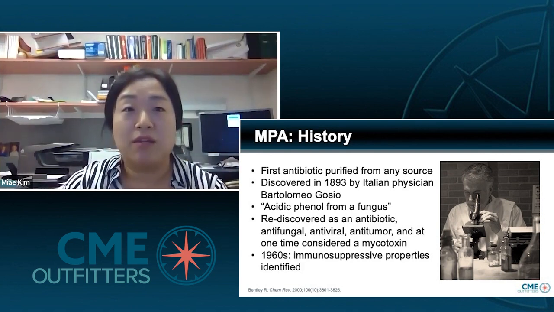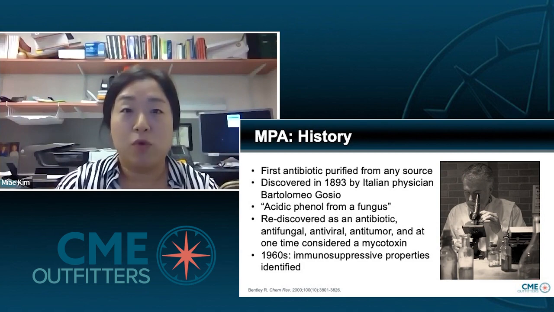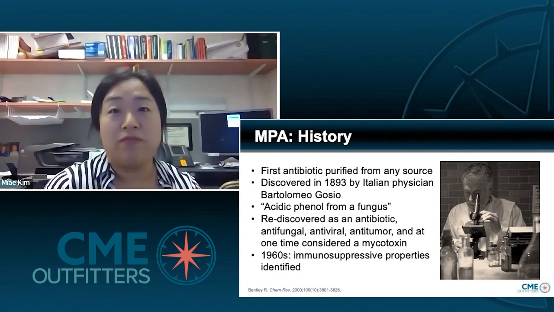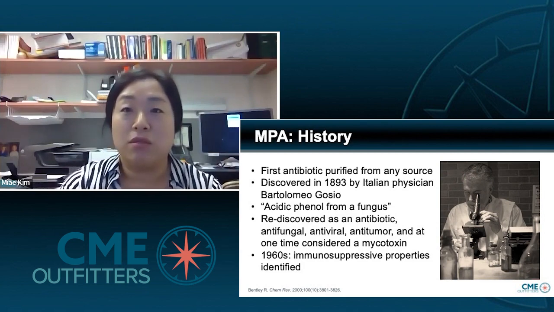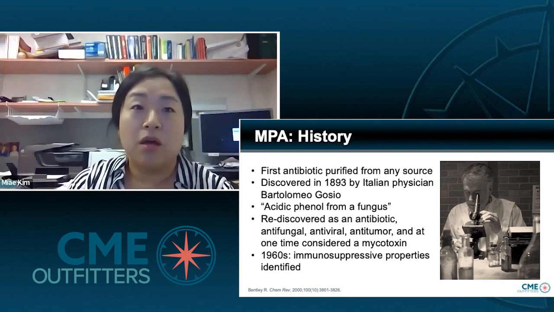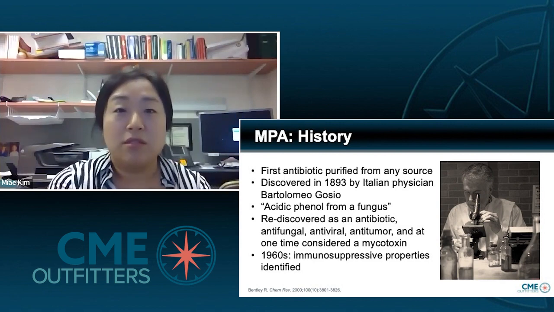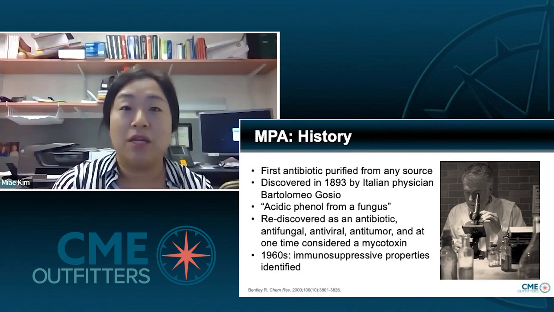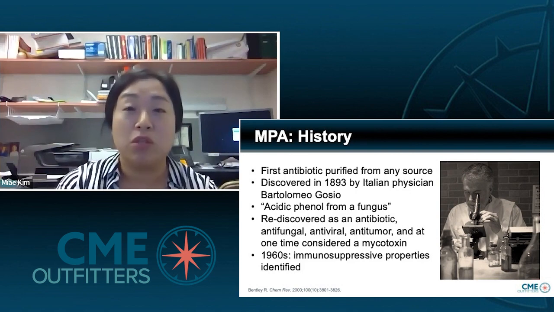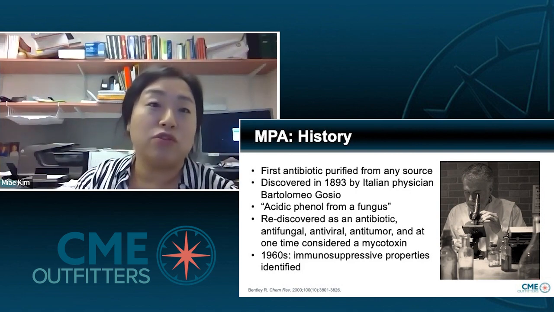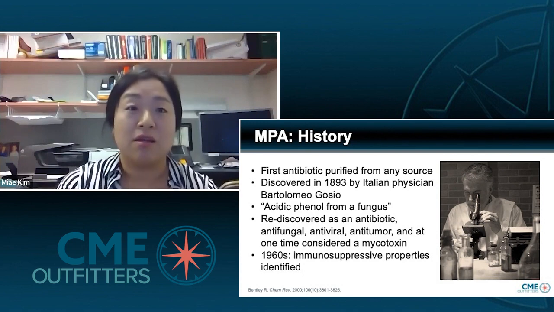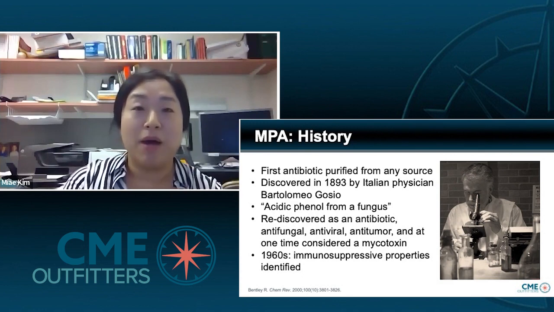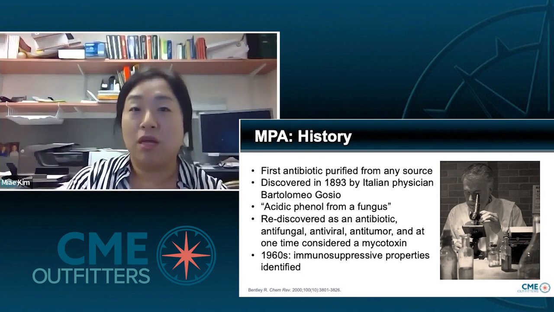It was obtained from mold, and therefore was given its name mycophenolic acid, which means an acidic phenol obtained from a fungus. Since then, it has been rediscovered on multiple occasions by different groups of scientists as a possible antibiotic, antifungal, antiviral, and anti-tumor agent.